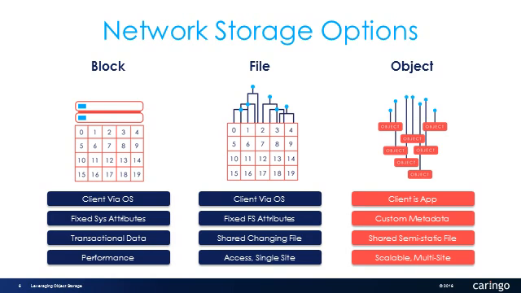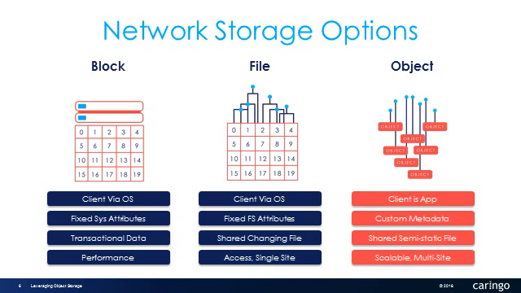File-based storage is usually accessed via standard protocols like NFS or SMB. Fixed file attributes like type, size, date created, date modified, they're all stored in the file system. So file storage is good for shared files and shared directories, either over a local area network or wide area network.